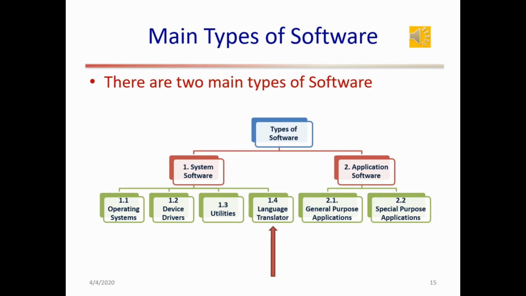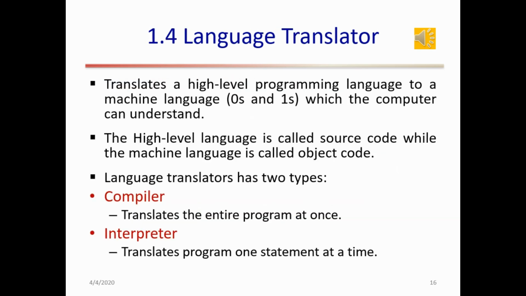The last type in the system software is the computer language translators. This type of programs is used by programmers to translate their programs to a code that can be understood by the computer. Usually programmers write their programs in what we call high-level programming languages.